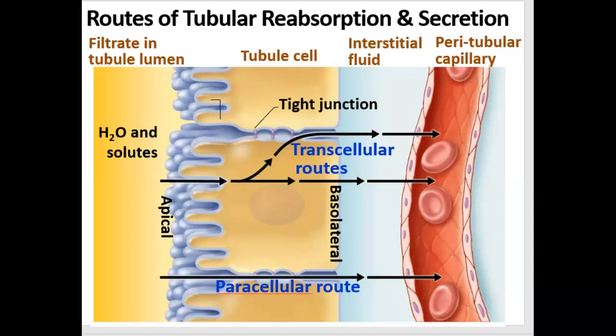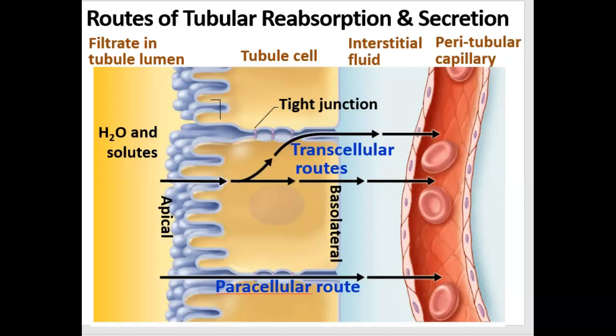Then we have the wall of the nephron, made up of simple cuboidal epithelium, and so I've got it labeled tubule cell. Then in between the nephron and the capillaries surrounding the nephron, there's space, fluid. We call that interstitial fluid. And then finally on the right, you see the capillary.